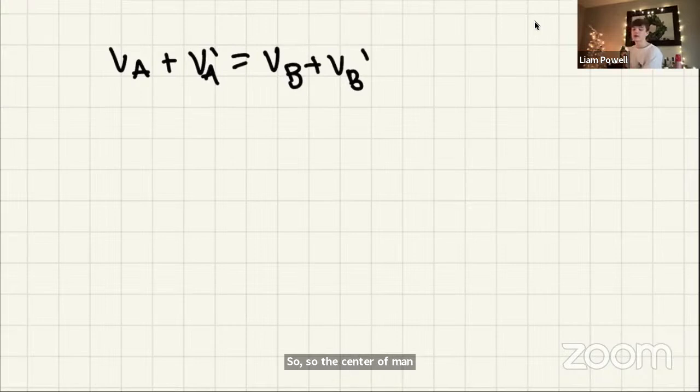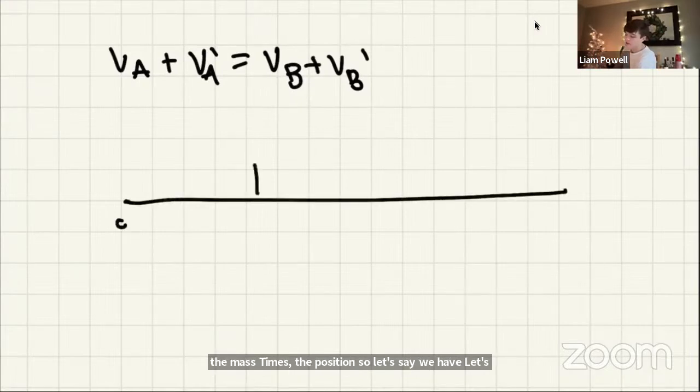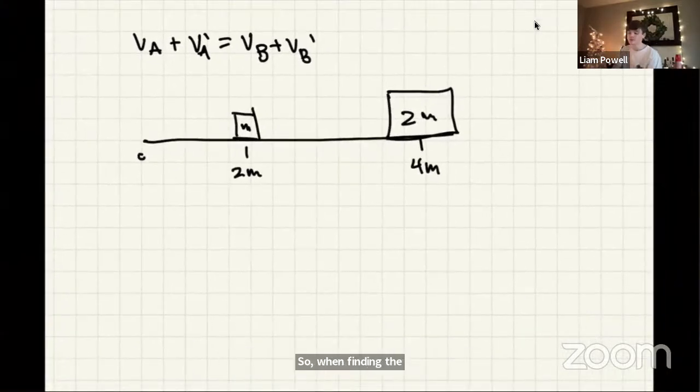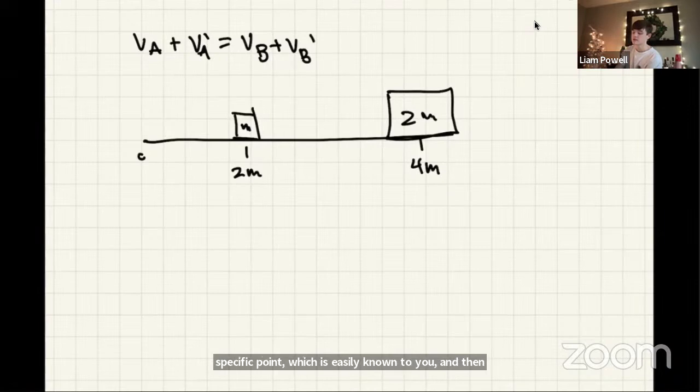When we're looking at the center of mass for something, basically it's the mass times the position. Let's take the x0 here, and we have a long plank. We have something here that is 2m, and something here that is m. Let's say this is 2 meters, and this is 4 meters. When finding the center of mass, you take a specific point which is easily known to you, and you calculate the distance times the mass divided by the total mass.